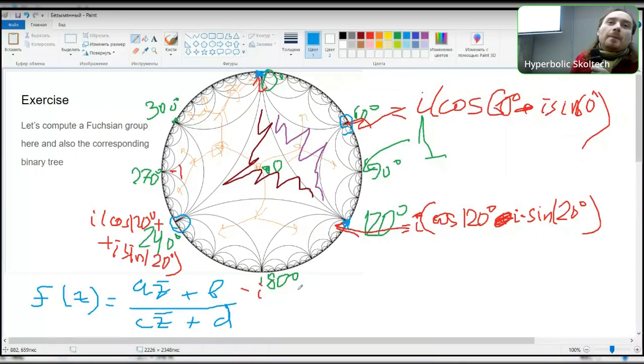Actually, if you don't put the bar here, then your fractional linear transformations will always be preserving orientation.